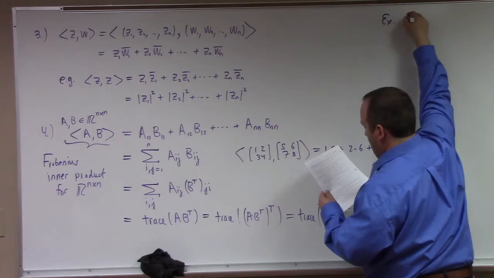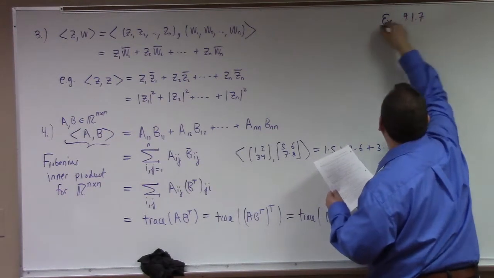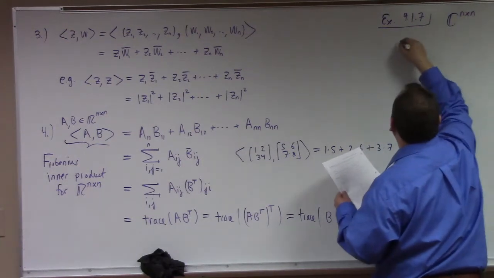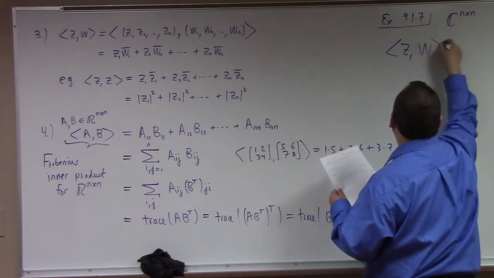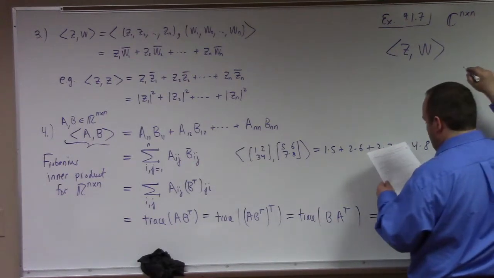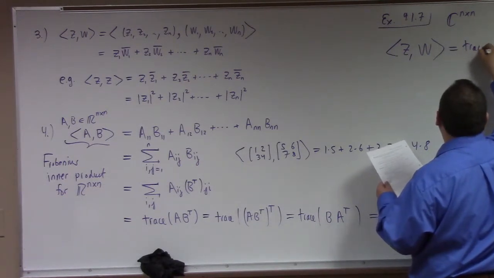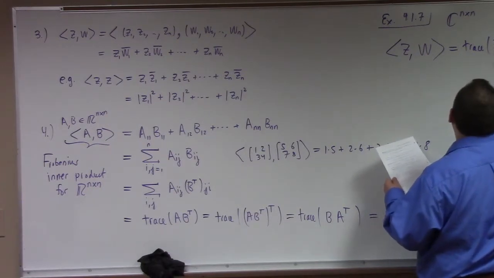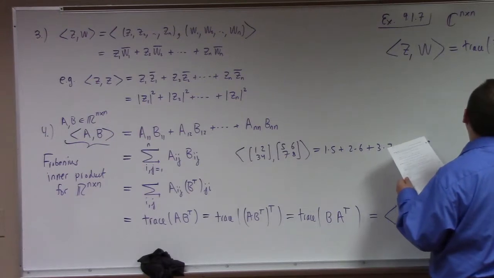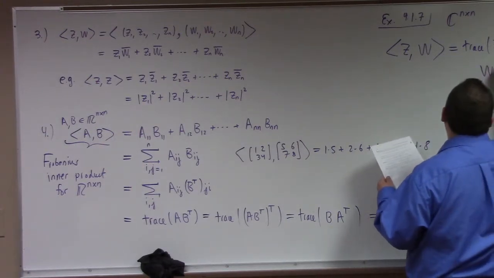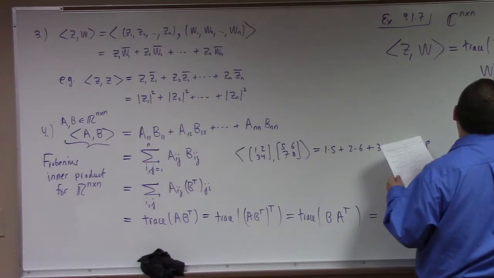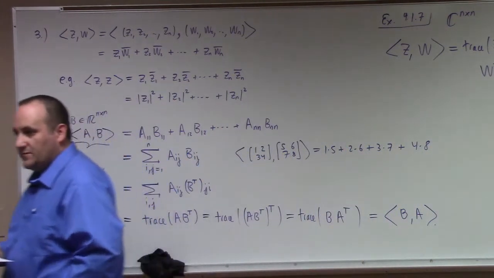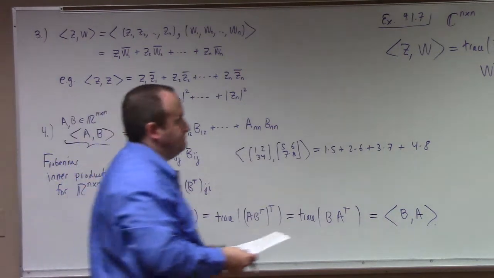Example 9.1.7, we could look at complex n by n matrices, and we could let the inner product of Z and W, two complex n by n matrices, be equal to the trace of Z W conjugate, which of course is the conjugate transpose. In physics literature, that's sometimes called the dagger.